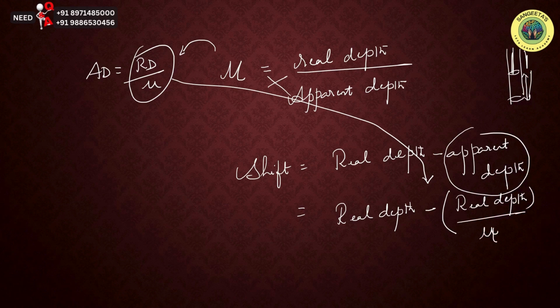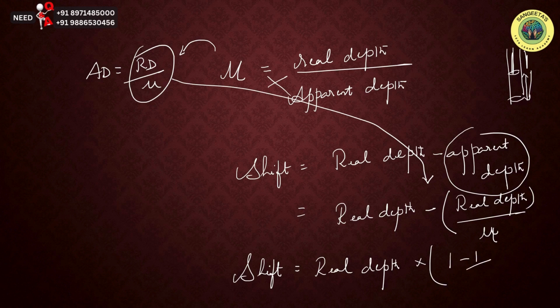Hence shift is equal to, I'm just deriving a formula. Real depth is there 2 times, so we can take real depth as common, into 1 minus 1 by refractive index. So this is the formula of the shift.